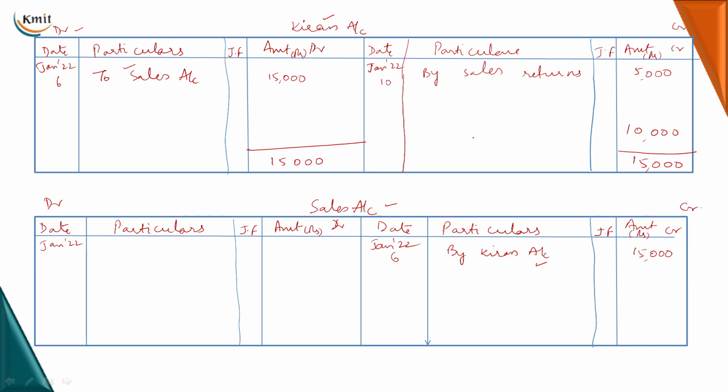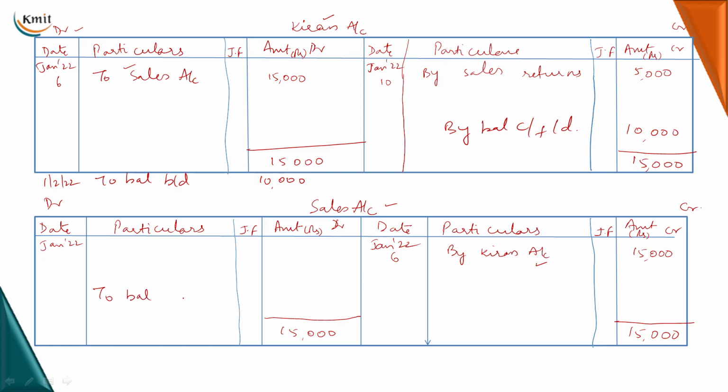The balancing figure, so that the total becomes 15,000, by balance carried forward or down 10,000 rupees, to balance brought down. By balance brought down 15,000 rupees.